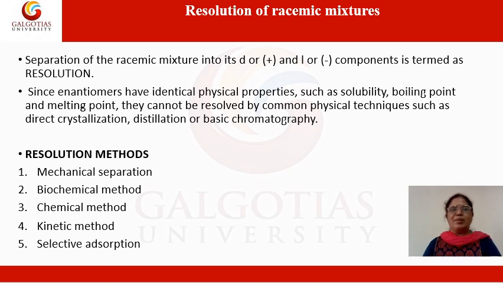Now racemic mixture is actually, as we have already understood, a mixture of two enantiomers, that is the D and L form of enantiomer. So, usually, whenever we carry out any synthesis, we get the product in the form of racemic mixture.